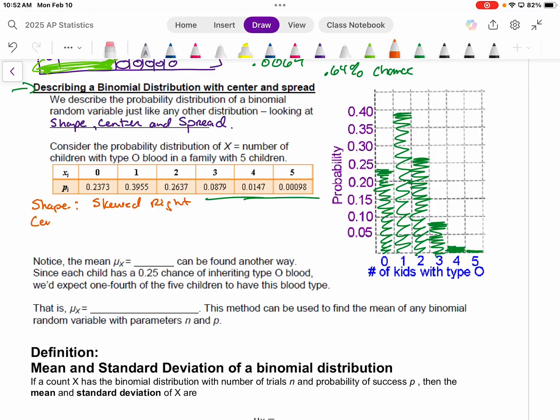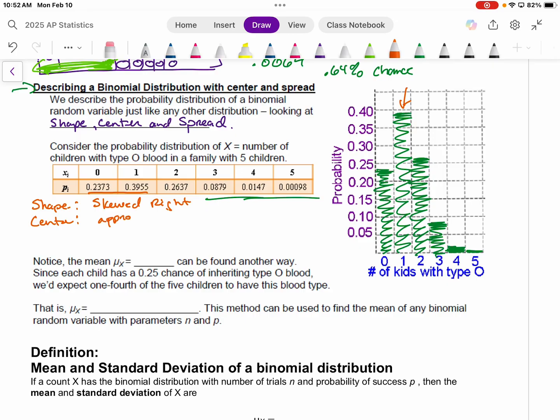The center. Where does the mean or median look like? Well, let's see. If the first two categories added together, you're looking at about 63%, so somewhere around one kid. Somewhere around one kid is where we're going to see the center.